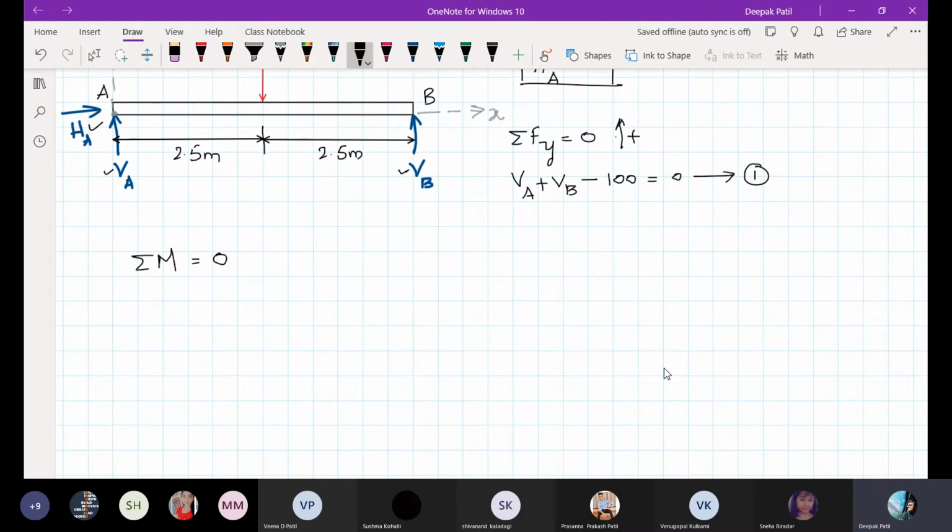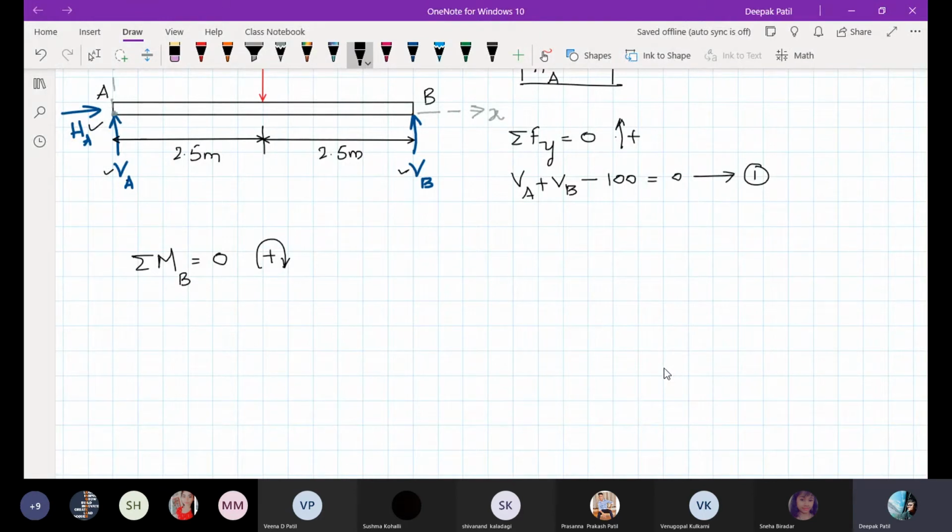Let us now proceed here with moment at B equal to 0. The sign convention I'll follow is that all clockwise moments are taken as positive, right? Since we are taking moment at B equal to 0, let us start from the left hand side, from point A. When you take moment at A equal to 0, you have to start from the right hand side.